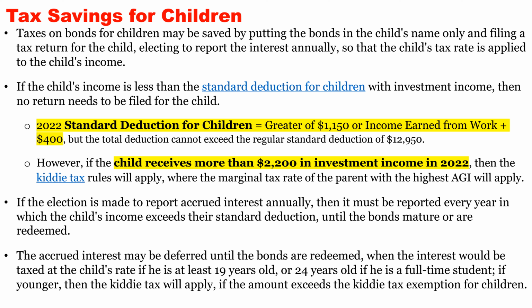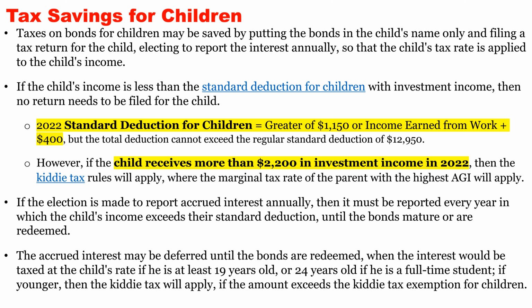Taxes can be saved for children even if the proceeds are not used to pay for educational expenses. By putting the bonds in the child's name only and filing a tax return for the child and electing to report the interest annually, the child's tax rate will apply to the child's income. So if it is less than the standard deduction for children with investment income, then there is no tax.